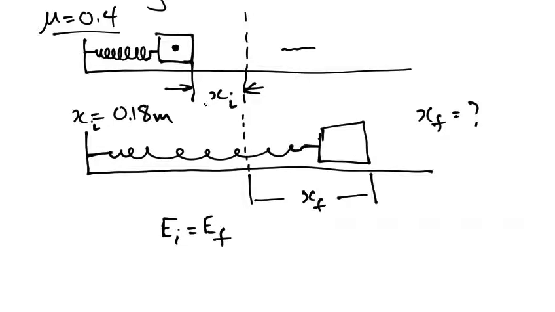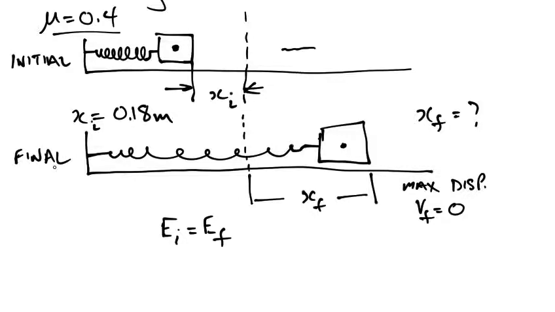In the final state, at the maximum displacement, the final velocity is going to be 0. That's by definition of it being at its furthest horizontal position. Therefore, we have no kinetic energy before or after.